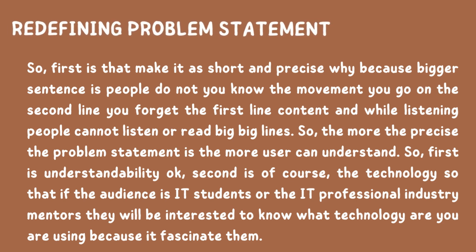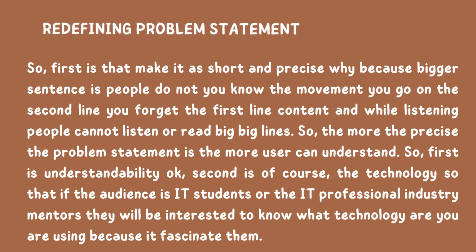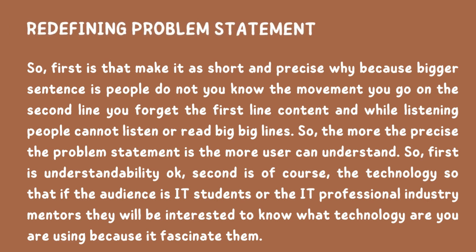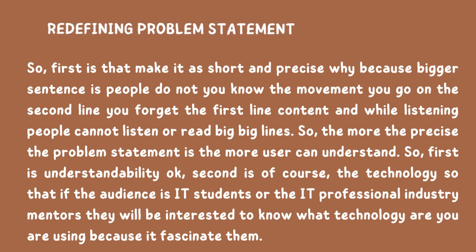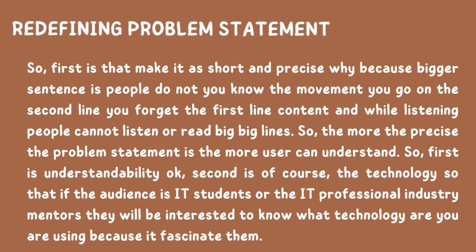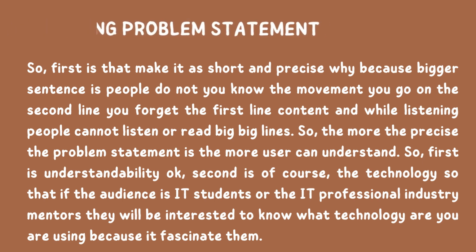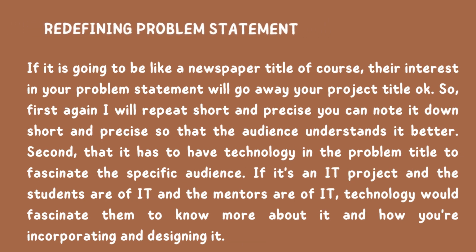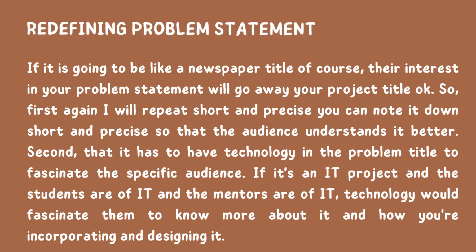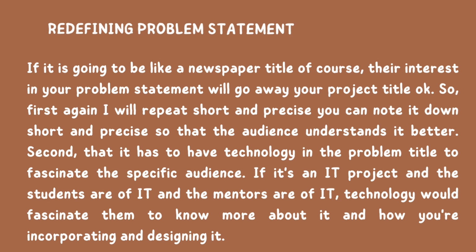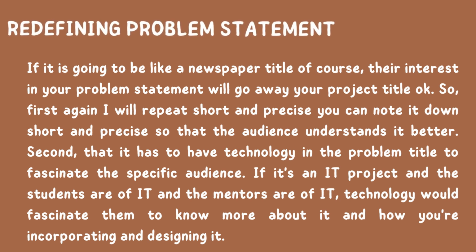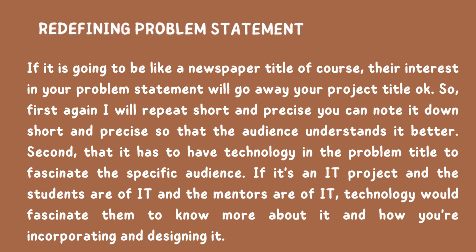Second is of course the technology: if the audience is IT students or IT industry mentors, they will be interested to know what technology you are using, because it fascinates them. If it's going to be like a newspaper title, their interest in your problem statement and project title will go away. So again I'll repeat, short and precise. You can note it down, so that the audience understands it better.